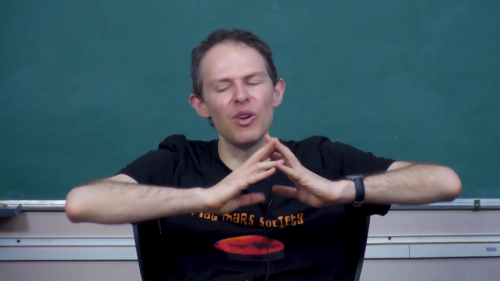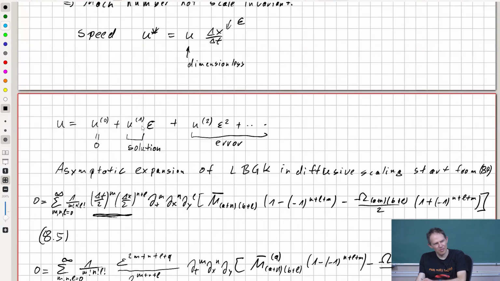So the velocity needs to get smaller and smaller. This means that the solution of our equation already needs to be dependent on epsilon.